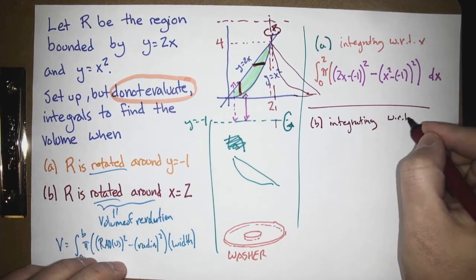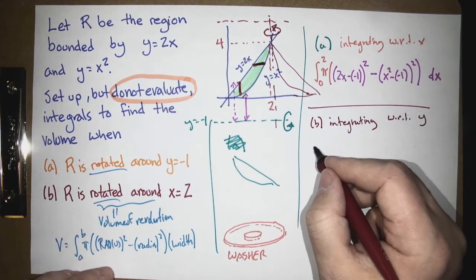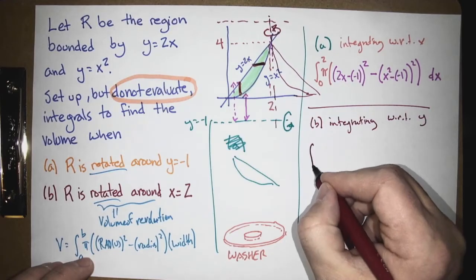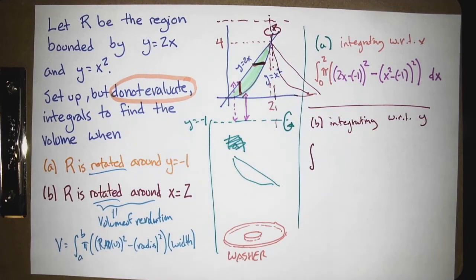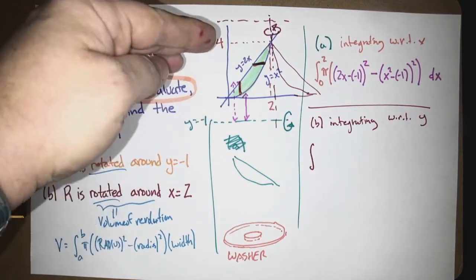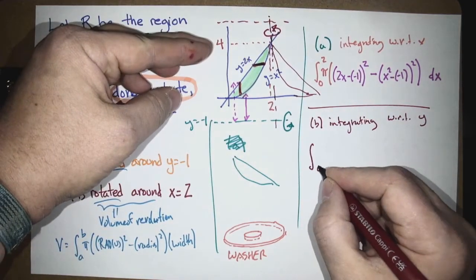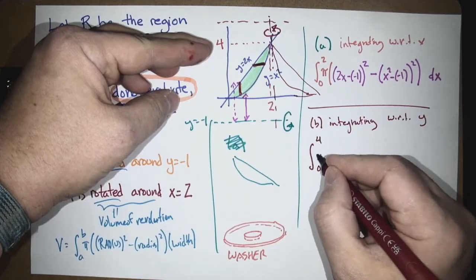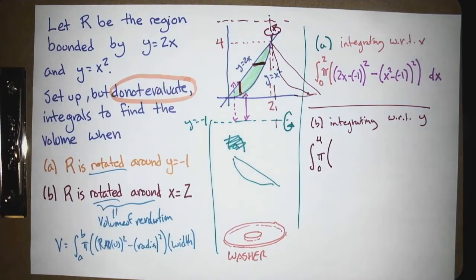Now that we figured that out, we go through the formula. We have an integral. What will the bounds be? Where does y go from? 0 to 4, times pi. Now we have to pause for a second, because we have these as y's as functions of x. We need to change it to x as functions of y.